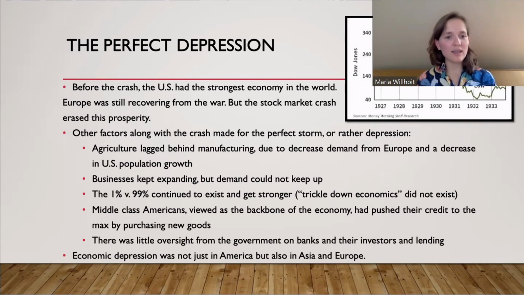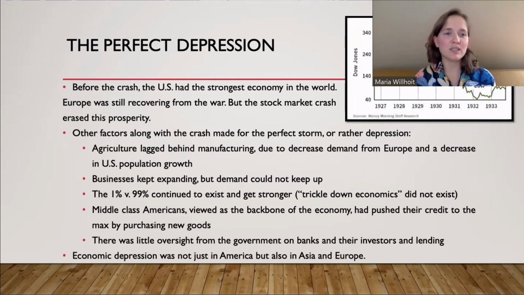First of all, as I said, agricultural production remained kind of stagnant. Unlike manufacturing, it wasn't really growing. It was still producing, but it wasn't growing. And part of its lack of growth is the fact that there was decreased demand from Europe. Europe just couldn't afford to import our agriculture.